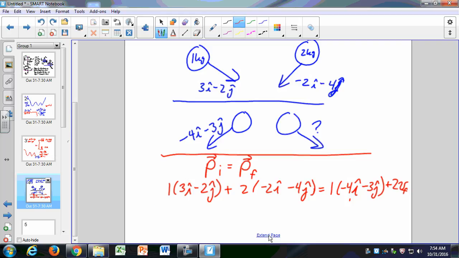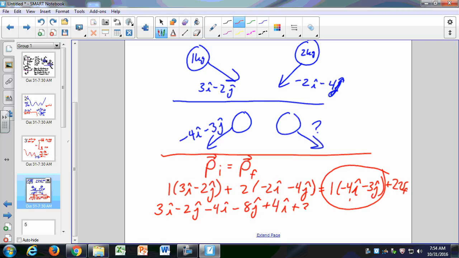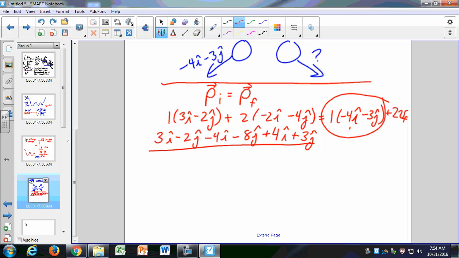So I'd say 3i minus 2j minus 4i minus 8j, bring this over to the left-hand side, plus 4i plus 3j, divided all by 2, and then that will equal Vf. Divided by 2 because of this 2 right here. When you combine your like terms, these cancel.